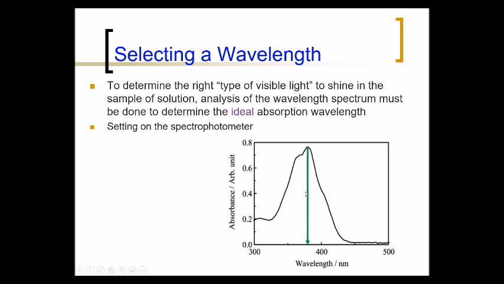It shows me my peaks and valleys, and sometimes it absorbs more in, say, red light and green light, and you might have two peaks, but you really want to go with the maximum peak. Because the spectrophotometers that we use are really good, it will actually tell you which is the best wavelength, the maximum absorbance, so you don't have to do that manually.